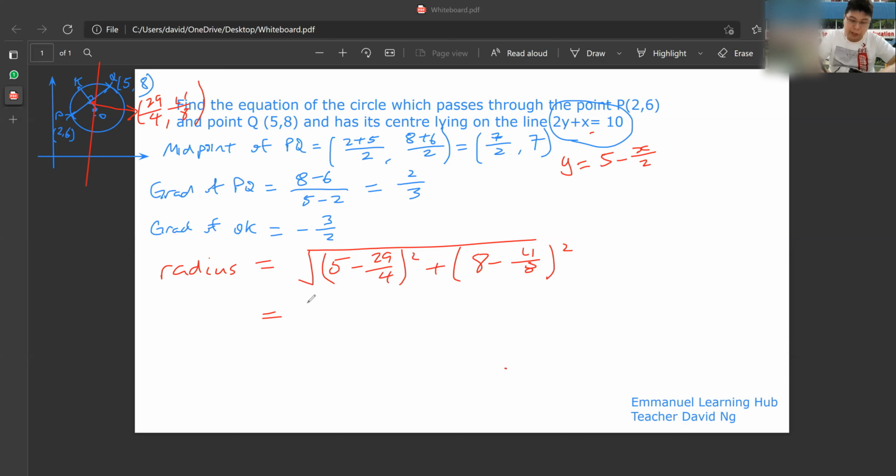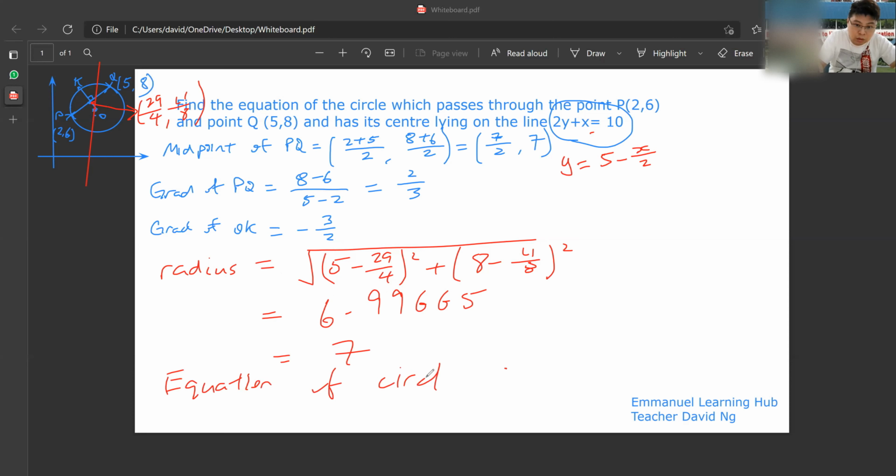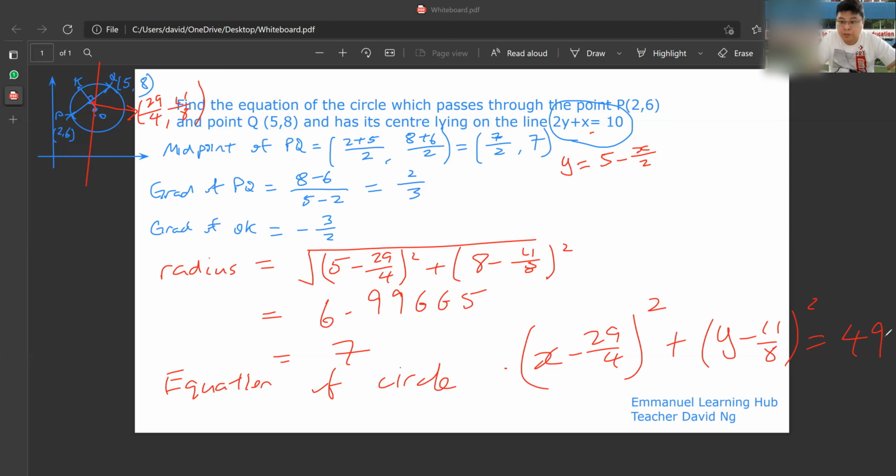You got 6.99. That's 7. Okay, let's consider the radius is 7. So you have the radius, you have the coordinates of the center, the equation of the circle will be x minus 29 over 4 squared plus y minus 11 over 8 squared equals 49. That's the equation of the circle.